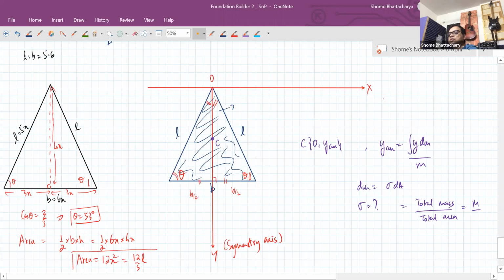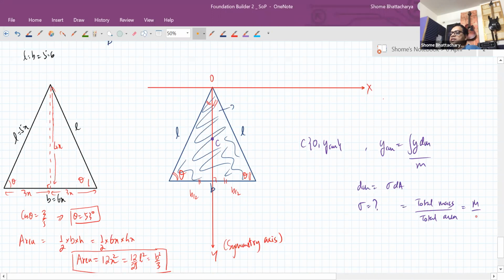Or we can write that as 12/25 L square, or b square by 3, whichever way we want to write it.